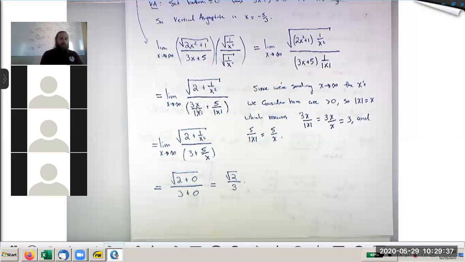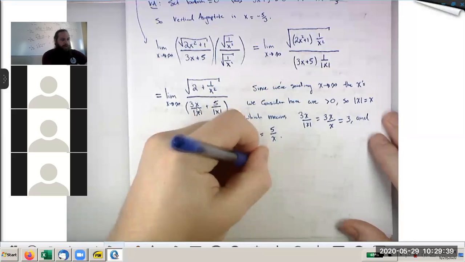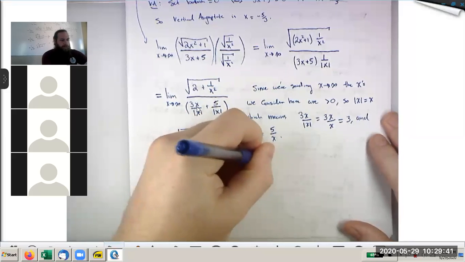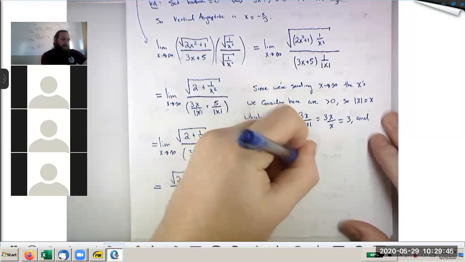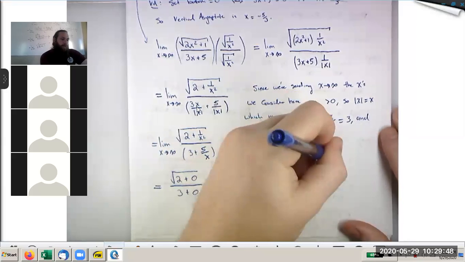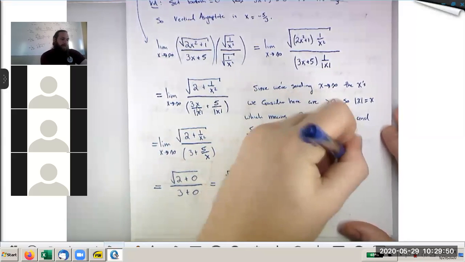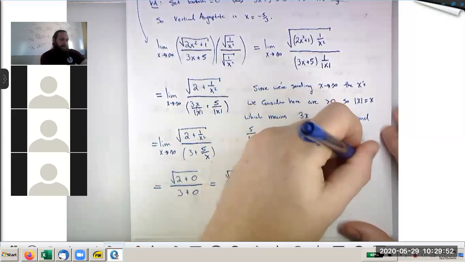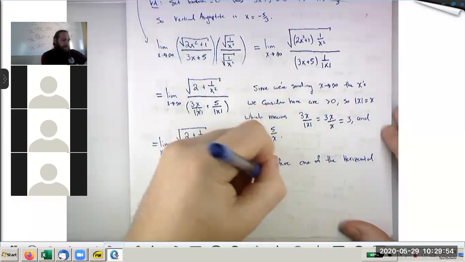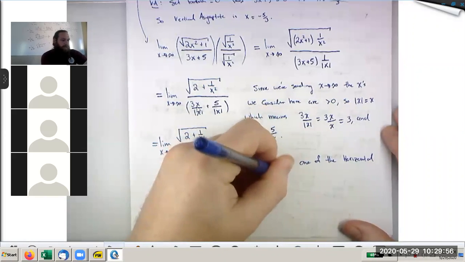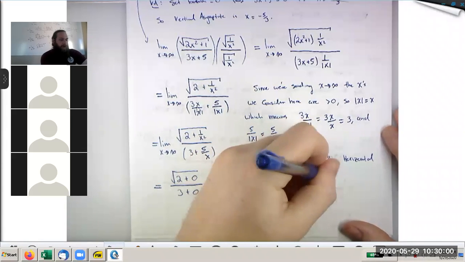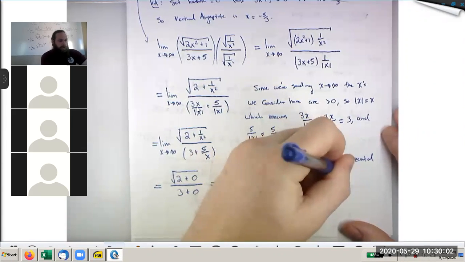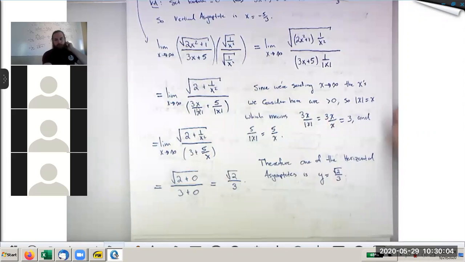So let's go ahead and conclude what we can from this. Therefore, one of the horizontal asymptotes is y equals square root of 2 over 3.